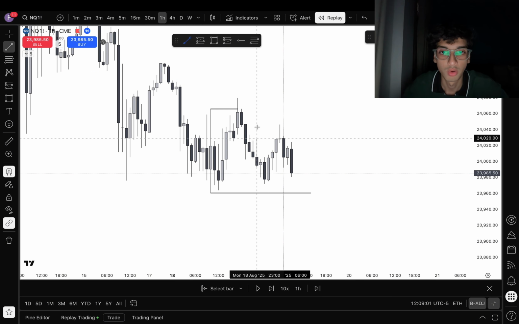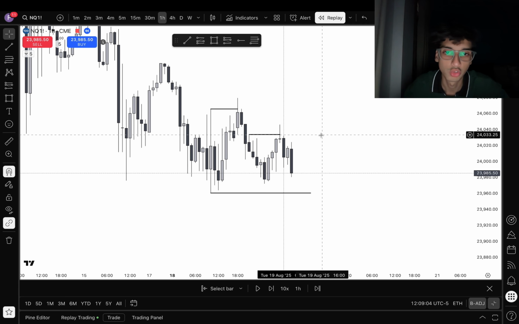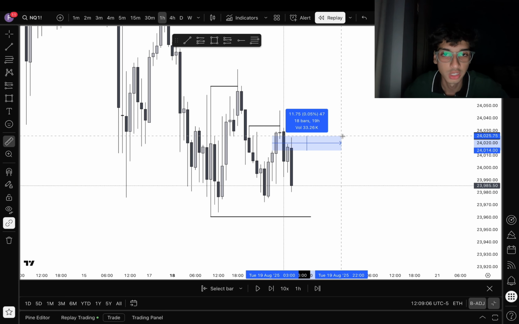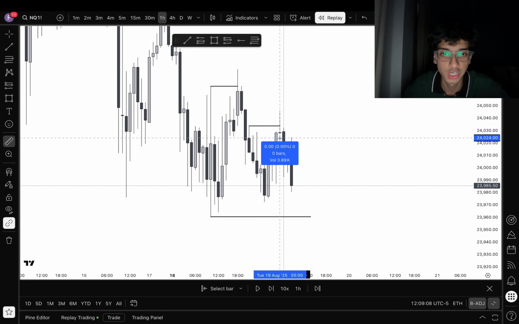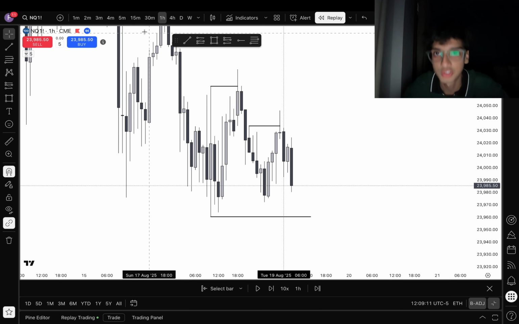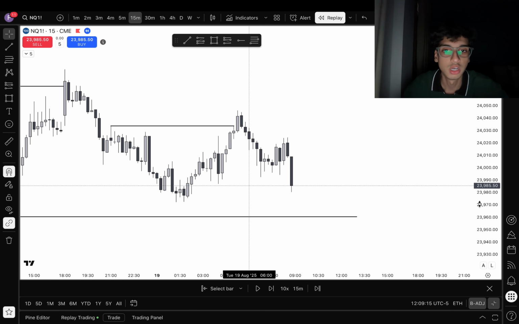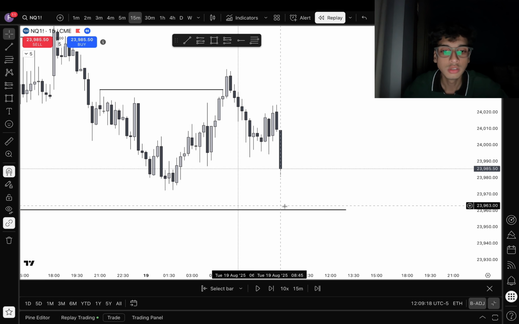What we did, again support internal buy side. After that it ran through bullish inefficiency. What we did, ended up creating bearish inefficiency. Respect them again, trade lower.